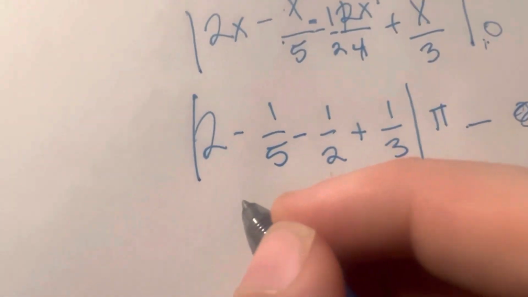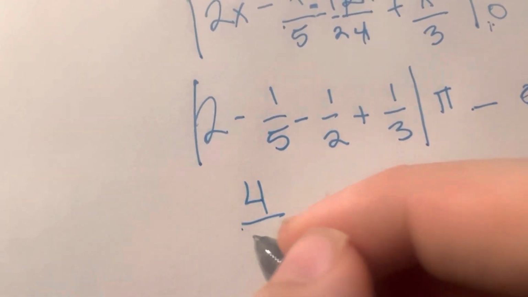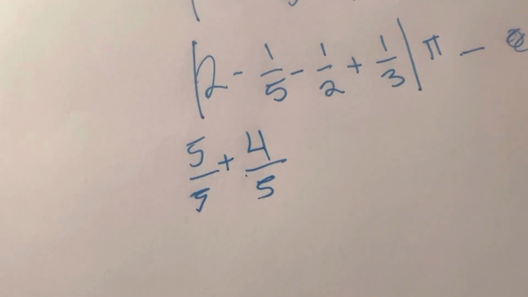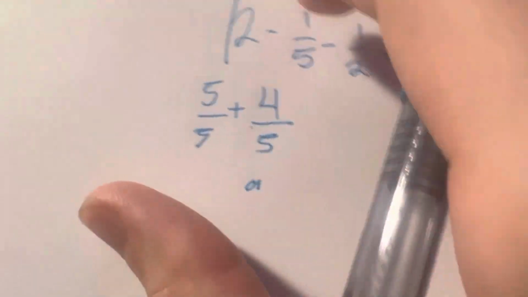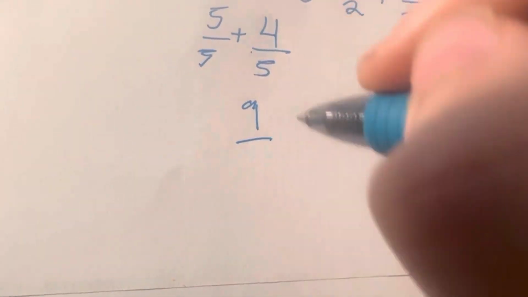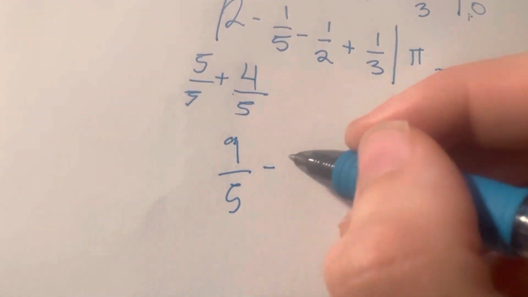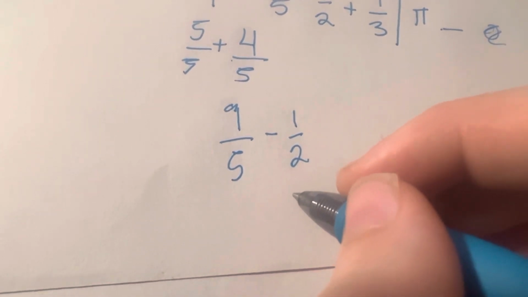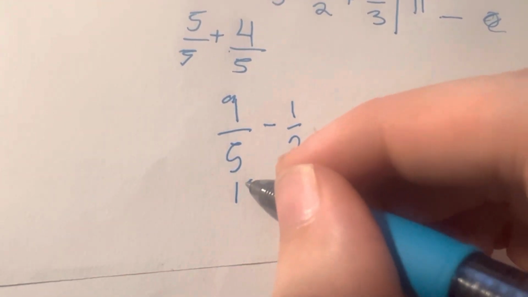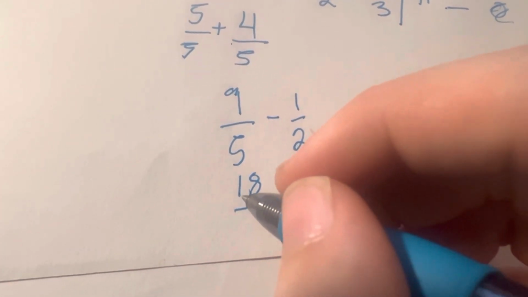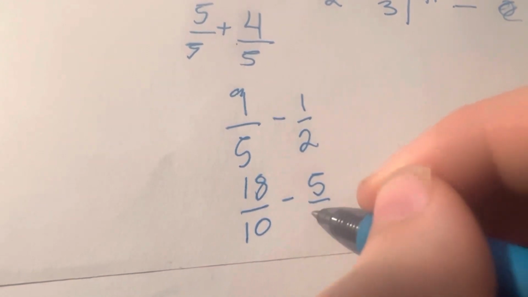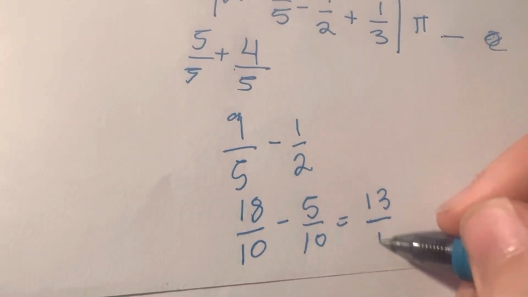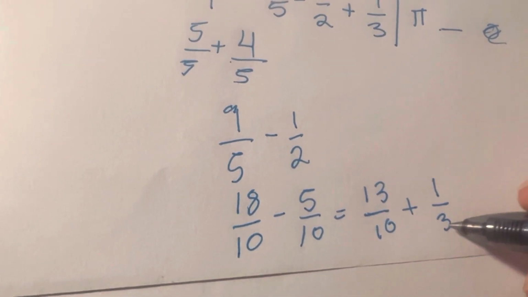So 2 minus 1 over 5 is 10 over 5 minus 1 over 5, which would give us 9 over 5. 9 over 5 minus 1/2, cross multiplying, of course this is just a bit of busy work, would give us 18 over 10 minus 5 over 10, equaling 13 over 10, plus 1 over 3.